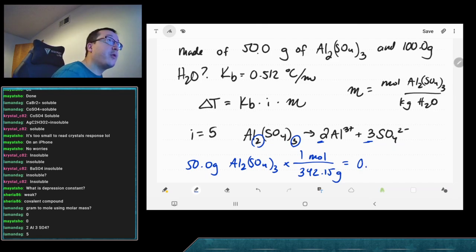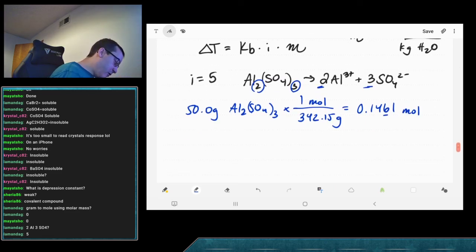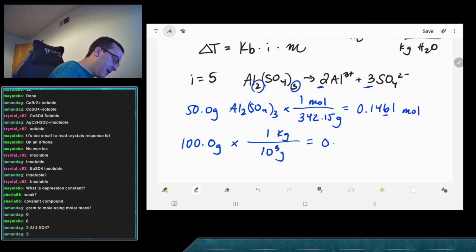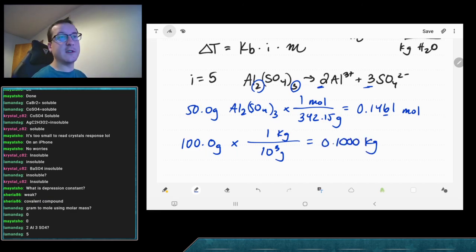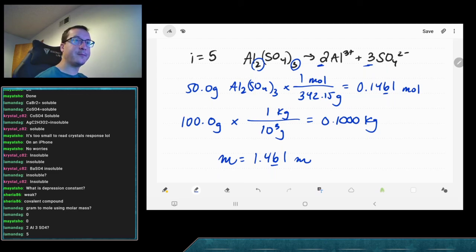And that is going to be 0.1461, let's say, moles. For our water, I think we had 100 grams. Convert that to kilograms. We'll just divide by 1,000. So our squiggly m, therefore, is going to be 1.461 molal, or moles per kilogram.